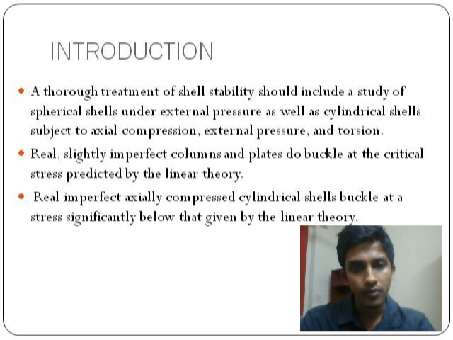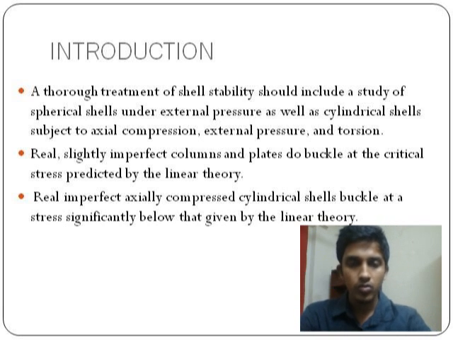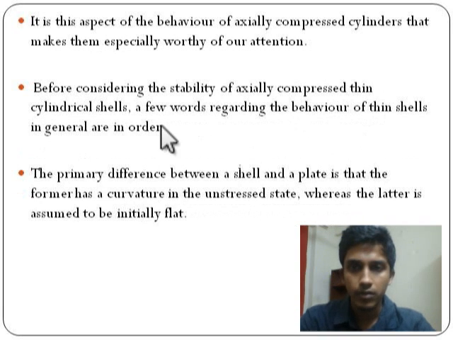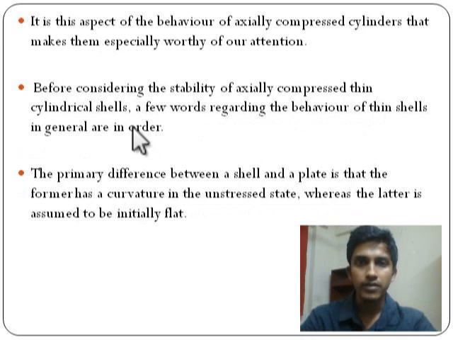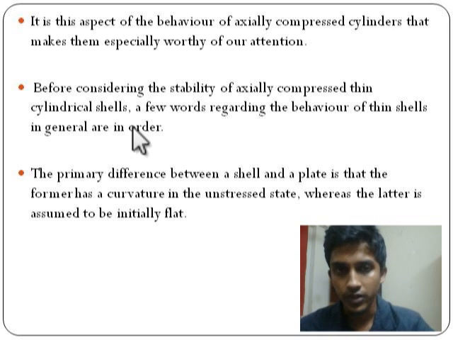A real, slightly imperfect column and plates do buckle at the critical stress predicted by the linear theory. But a real imperfect axially compressed cylindrical shell buckles at a stress significantly below that given by linear theory. It is this aspect of behavior of axially compressed cylinders that makes them especially worthy of our attention.